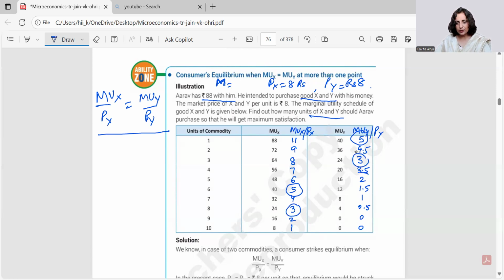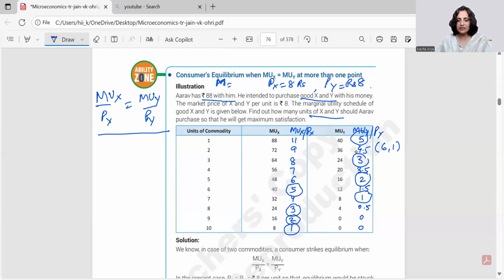We have 2 in both the columns, 1 again in both the columns. And if you just go by this glance, the observation gives you the answer that the probable bundles which can give him the satisfaction, the consumer equilibrium, is 6 units of X and 1 unit of Y.